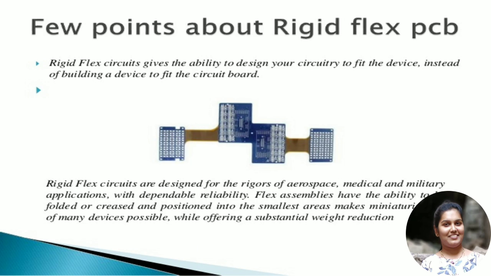Generally these are designed for aerospace, medical or military applications with dependable reliability. These flex assemblies can be folded and positioned into the smallest areas, which makes miniature-sized devices possible, while offering a substantial weight reduction.